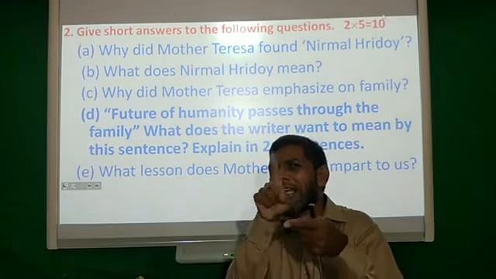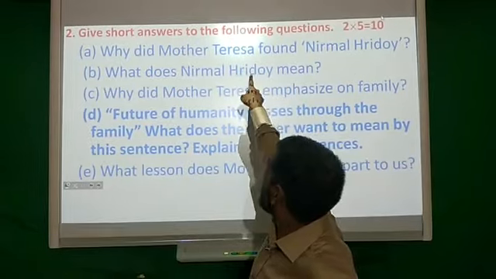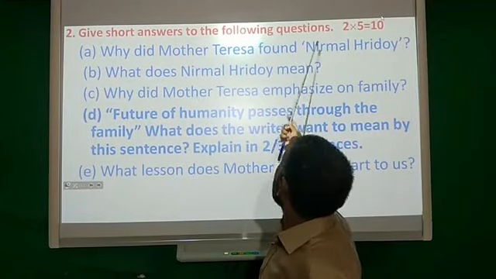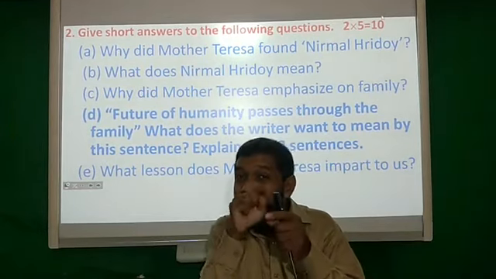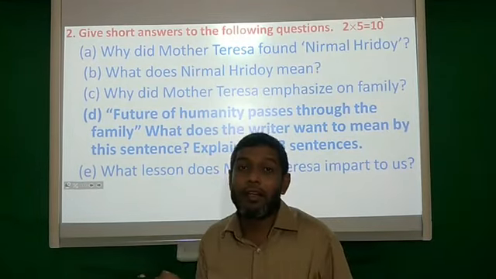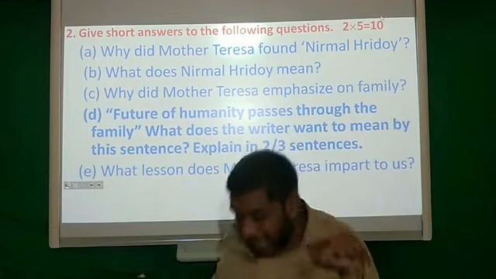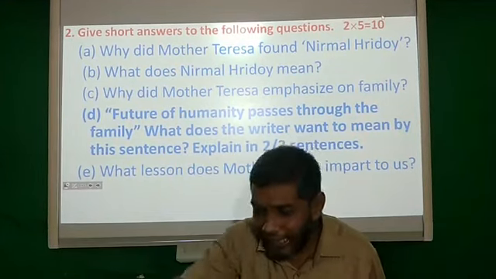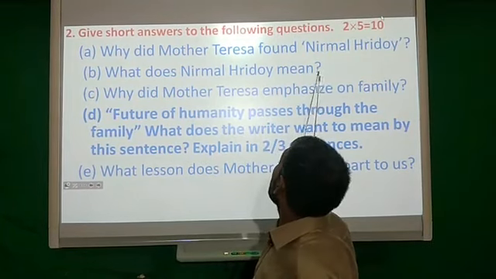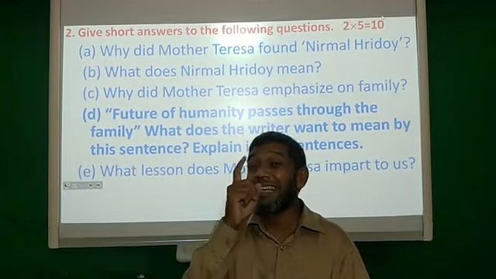Dear students, the passage is a big one, but for this particular technique, to get the meaning of Nirmal Hriday and why she founded it, I will scan the passage, go where the information is given, underline the places, and then pick the answers for these two questions. This type of reading is called scanning.